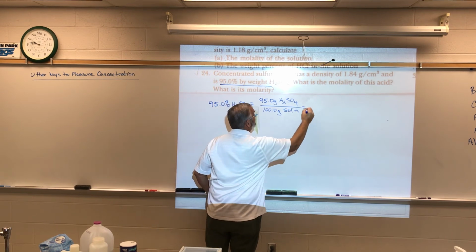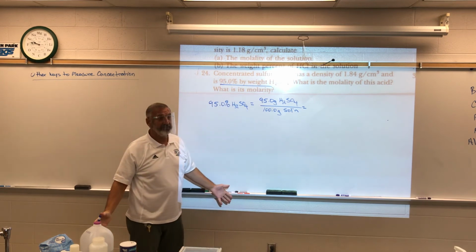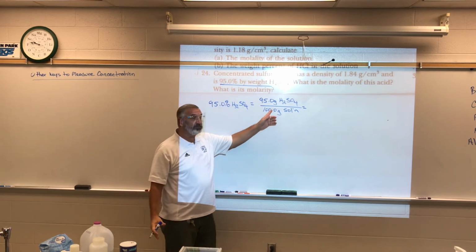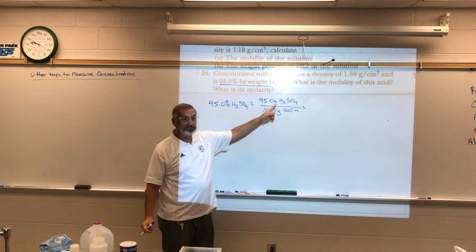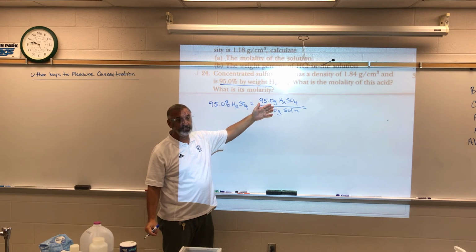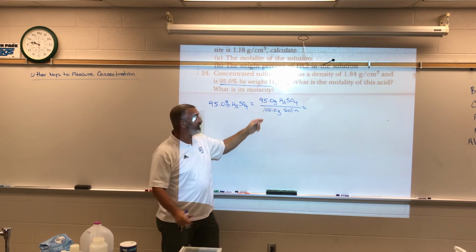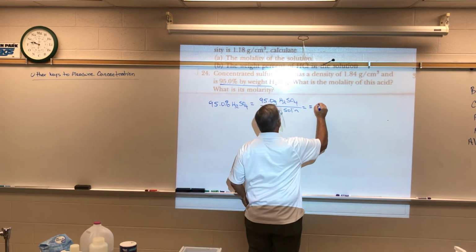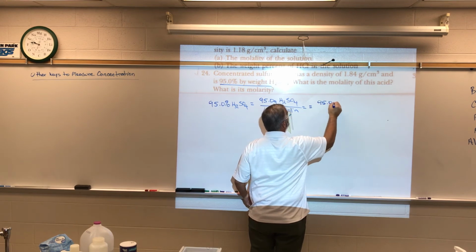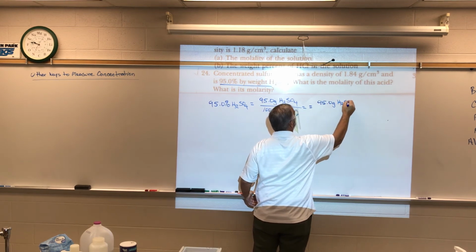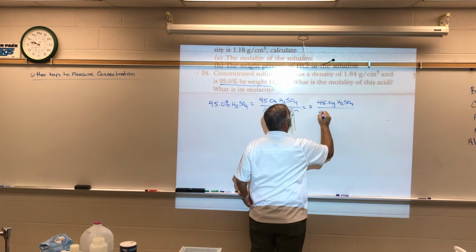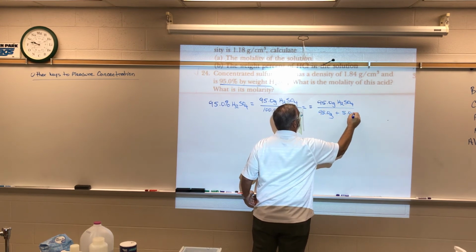Now, simple math, of that 100 grams, how much is H2SO4? 95, right? Which leaves 5 grams to be, you always assume the solvent is water, so just 5 grams of water. So it really means that I have 95 grams of H2SO4. I have 95 grams plus 5 grams of water.